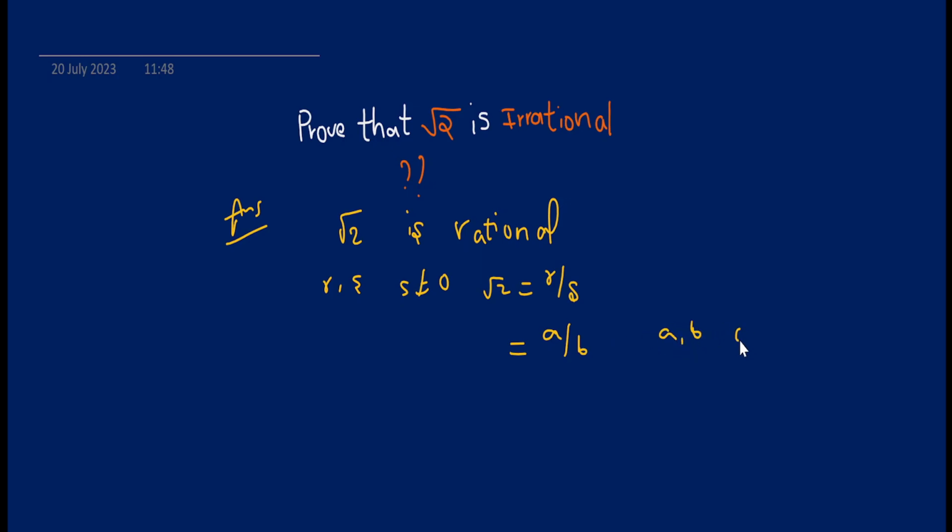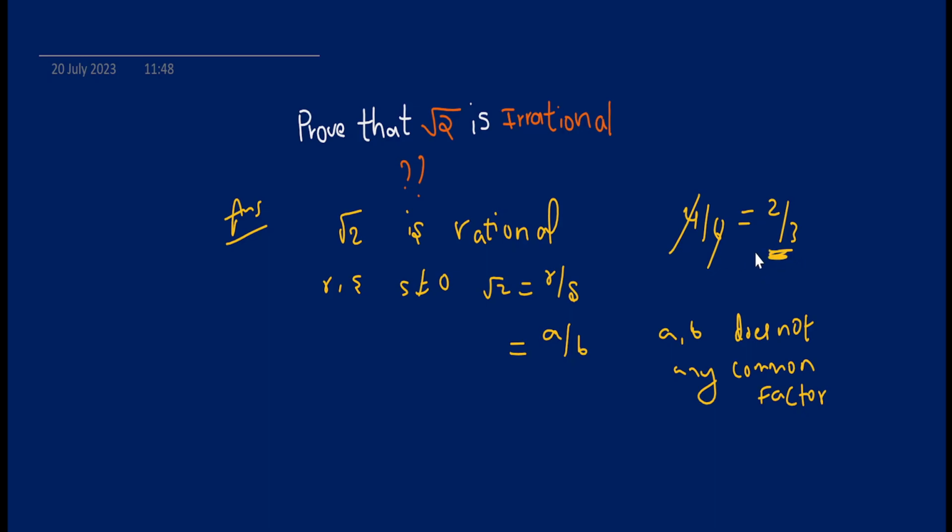A, b don't have any common factor. So for example, there is 4 by 6. The highest common factor of 4 and 6 is 2, and we cancel out that 2 from both numerator and denominator.